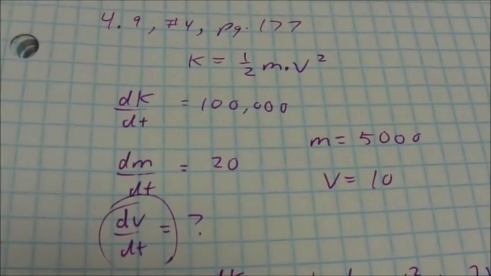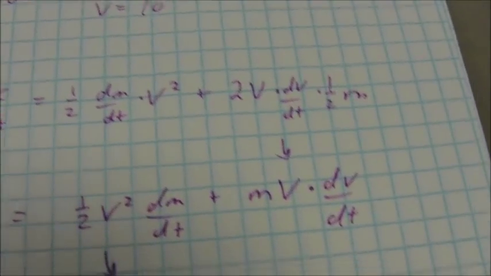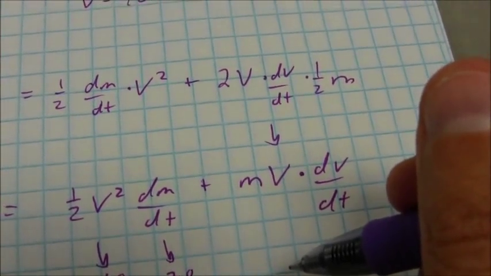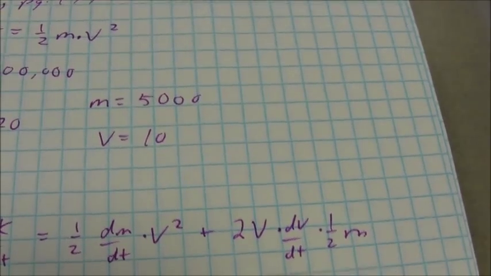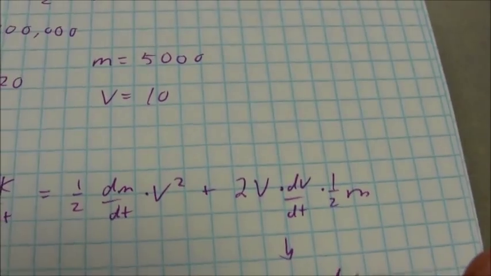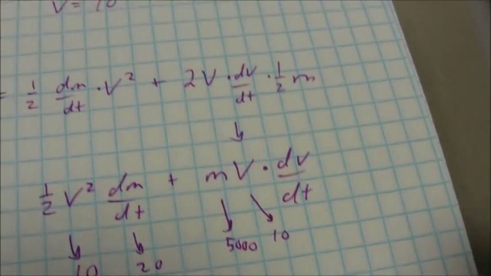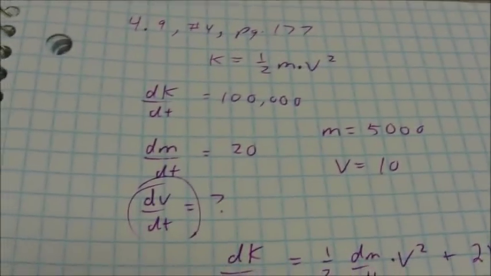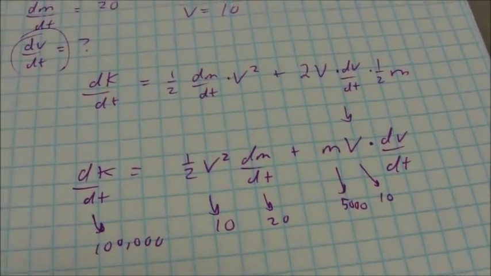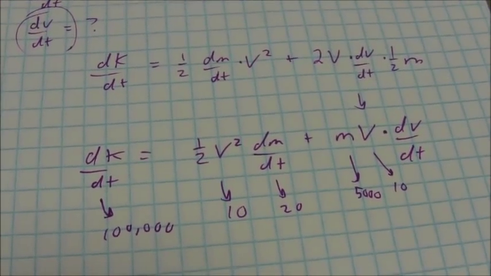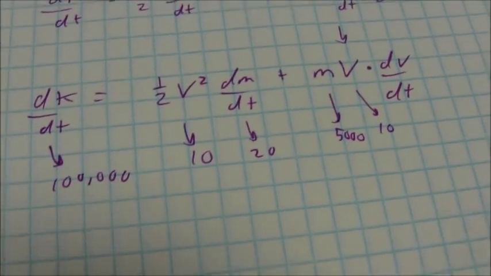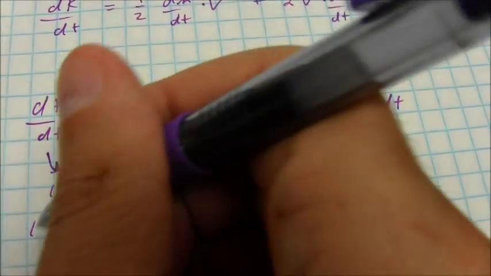I know that dm/dt is equal to 20. I'm given a mass of 5,000. I'm given a velocity of 10. And I'm looking for dv/dt, and that's the only value that I haven't filled in. It is possible that you could have to solve for dv/dt and write this in terms of variables first. So you can set this up various ways.